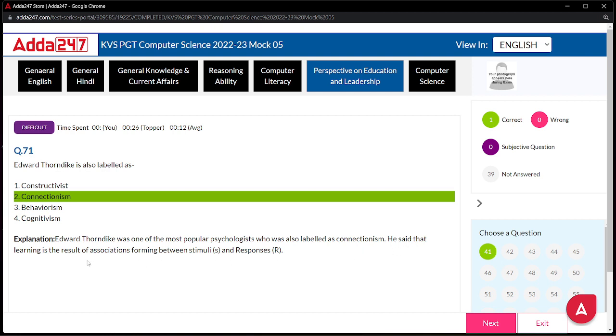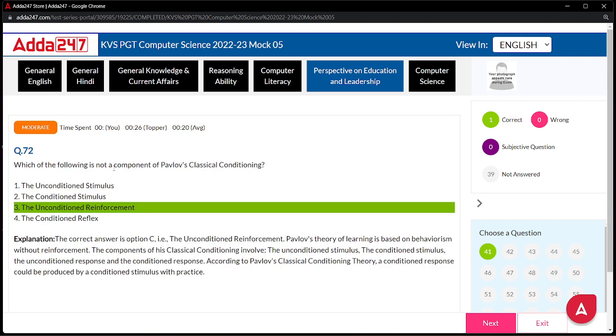He said that learning is the result of association formed between stimulus and response. Okay? Next, which of the following is not a component of Pavlov's classical conditioning? Unconditional reinforcement is not a component. The unconditional stimulus and conditional response are components of classical conditioning given by Pavlov.